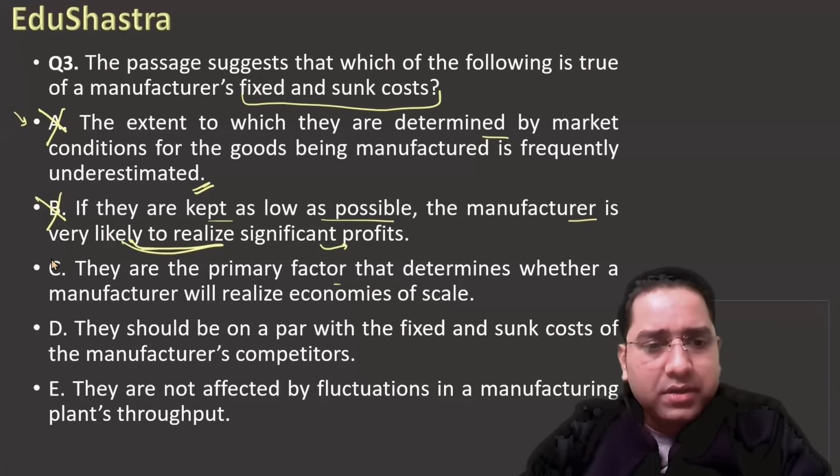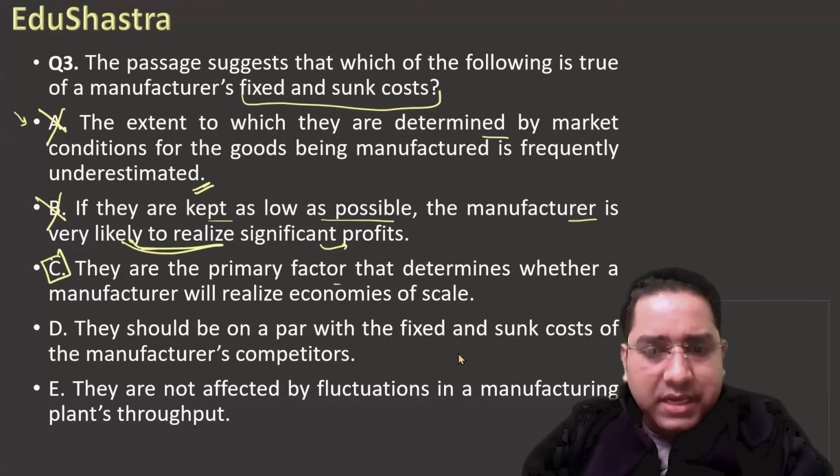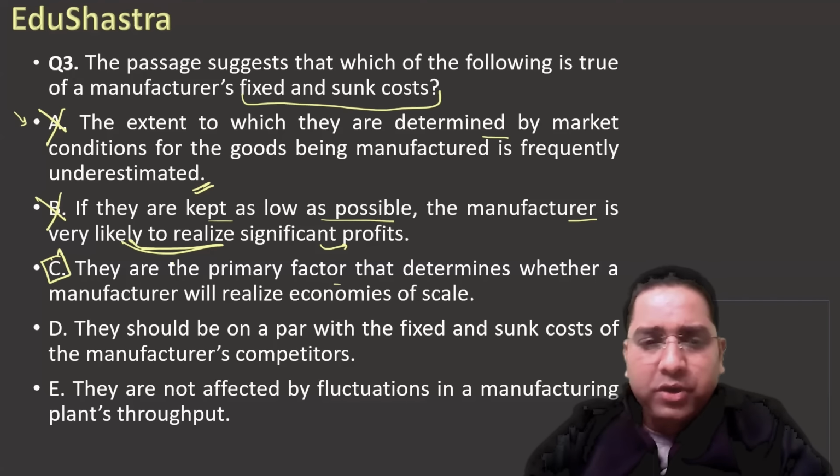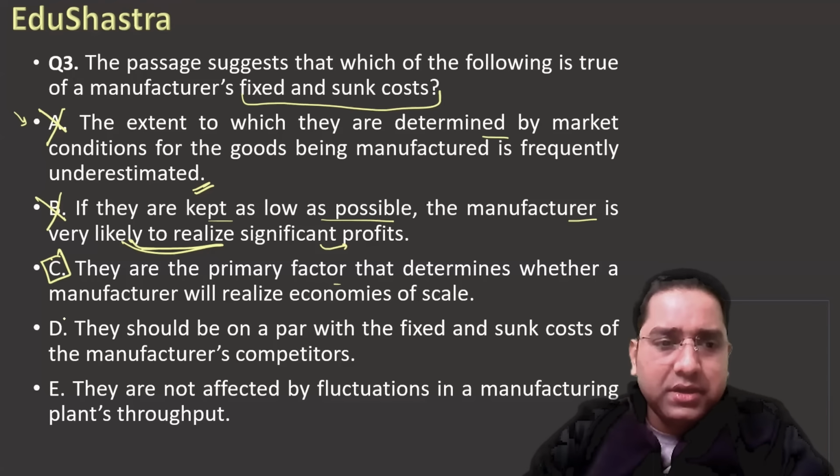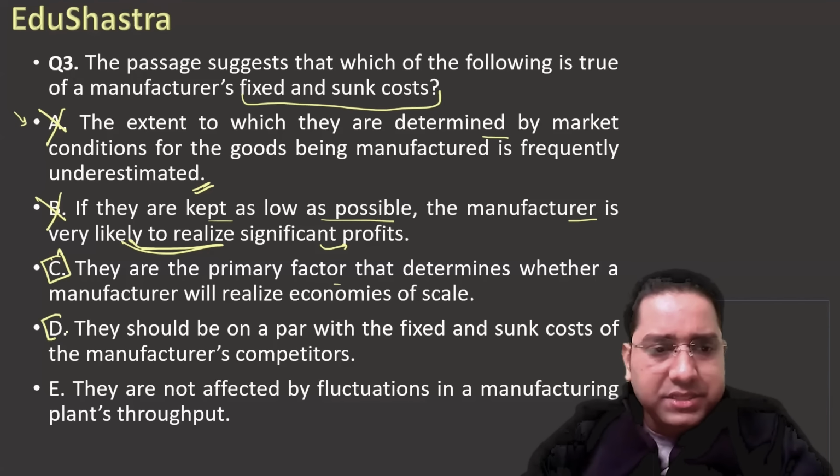Okay, we can consider this. Then it says they should be on a par with the fixed and sunk cost of the manufacturer's competitors. They should be on a par. So it's a type of suggestion. Yeah, we can consider it.